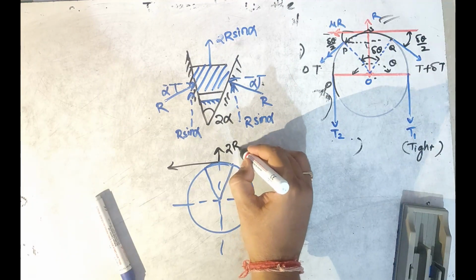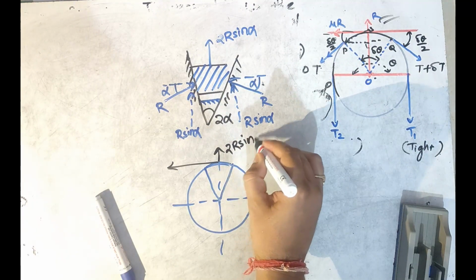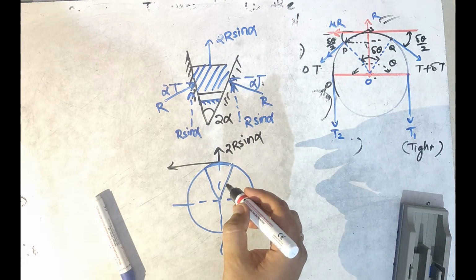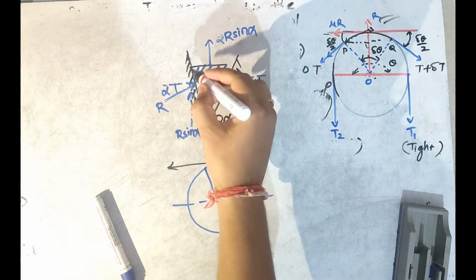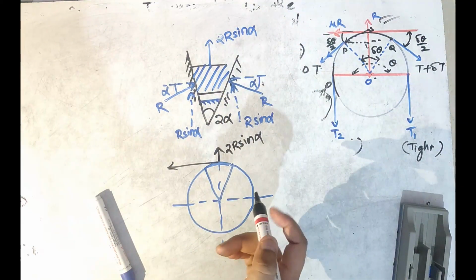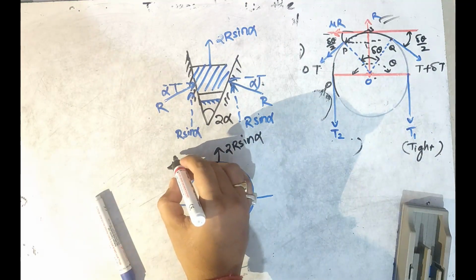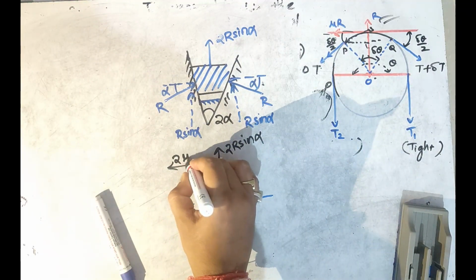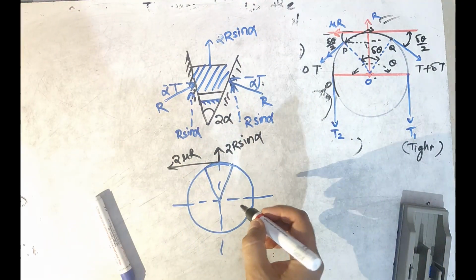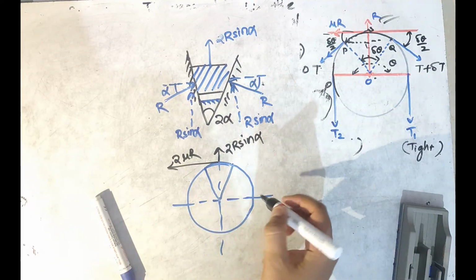So this will become 2R sin alpha. There are two sides where the belt will have friction with the pulley. So this will become simply 2 mu R, two normal reactions, so 2 mu R.